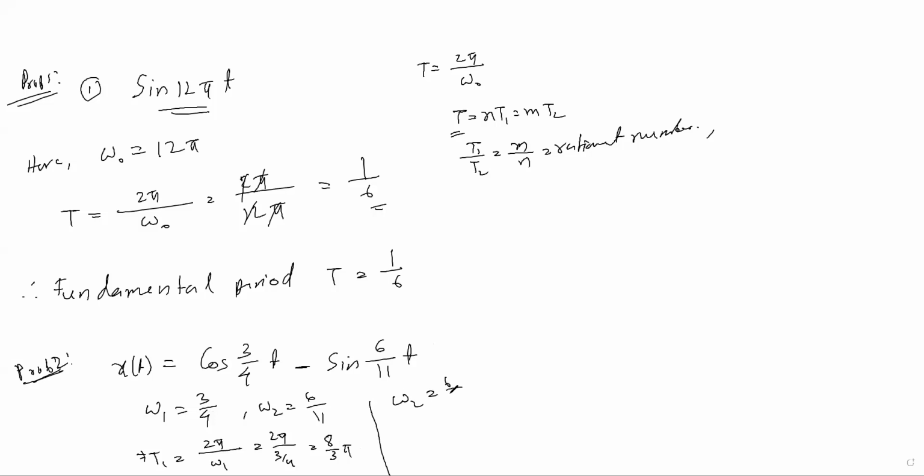Similarly, omega 2 equal to 6 by 11 is given. So what is T2? T2 equal to 2 pi by omega 2, means 2 pi by 6 by 11, means 22 by 6 pi.